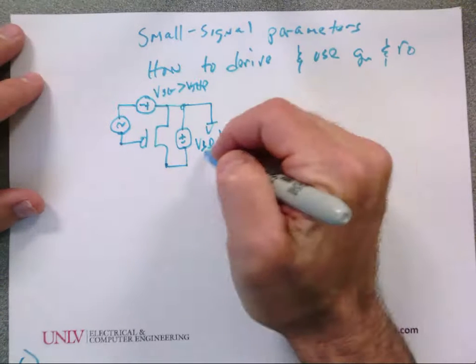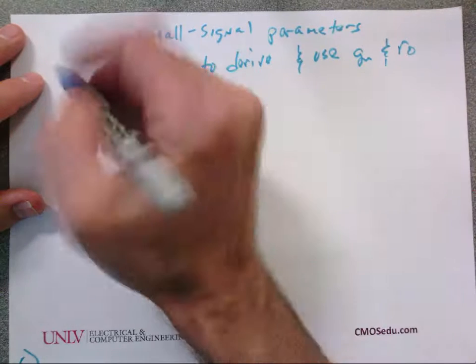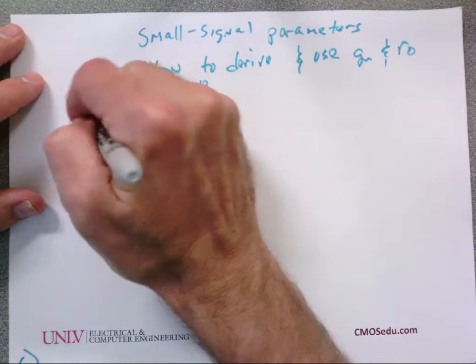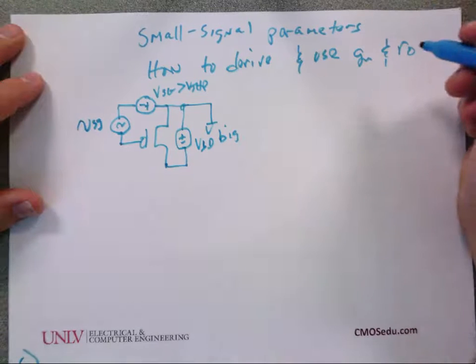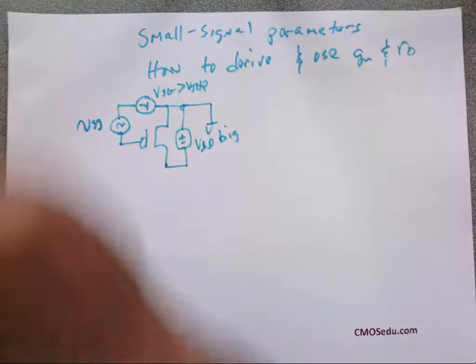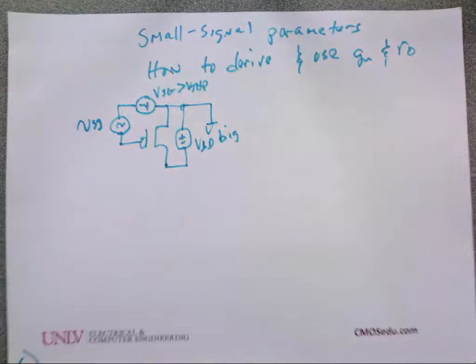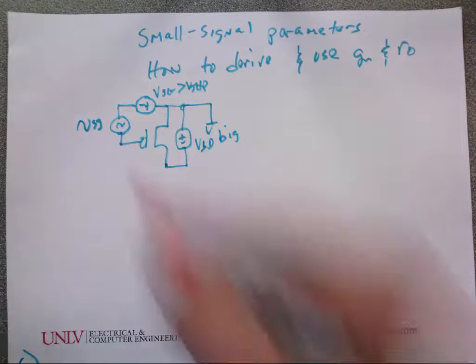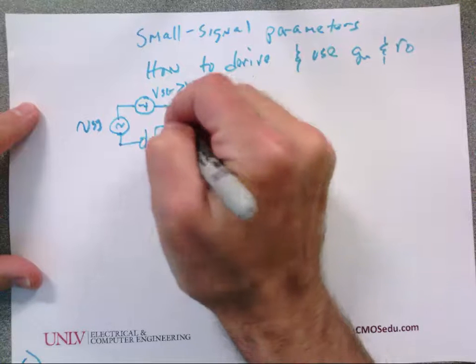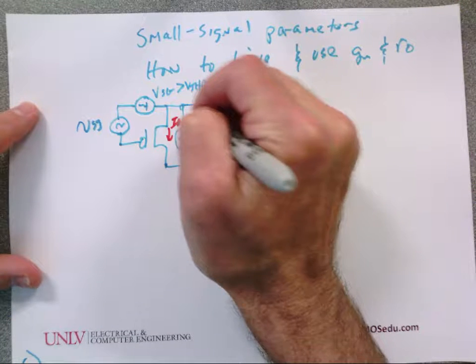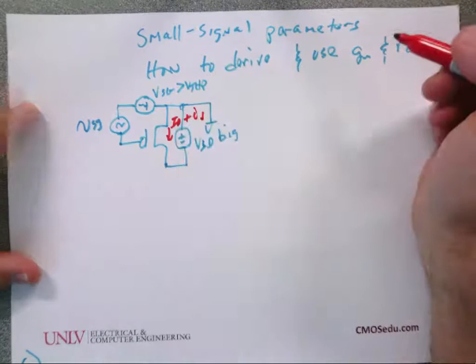Big means VSD large enough so the device is in saturation. Let's call this VSG. Is everybody cool with that? Then I know there's a DC current, ID, plus an AC current, which I don't add into one number.